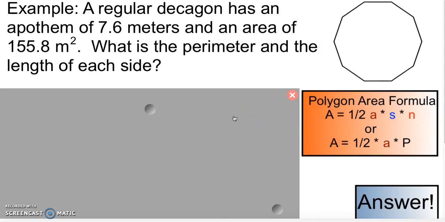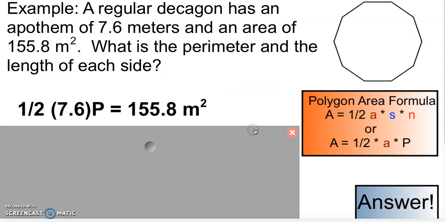So a regular decagon has an apothem of 7.6 meters and an area of 155.8 meters squared. What's the perimeter and length of each side? So I'm just going to fill this into the formula. 1/2 apothem perimeter. So 1/2 7.6 times my perimeter is going to equal 155.8.